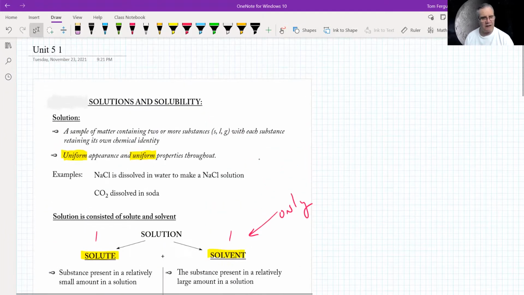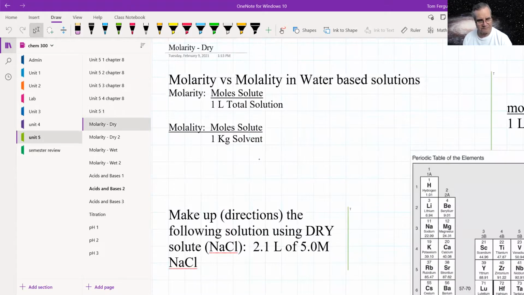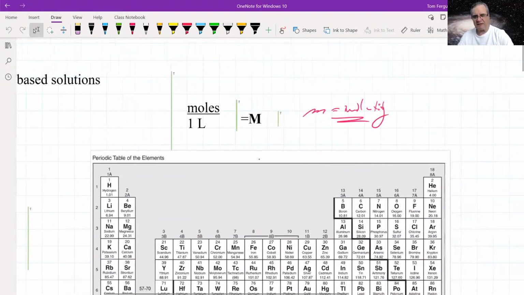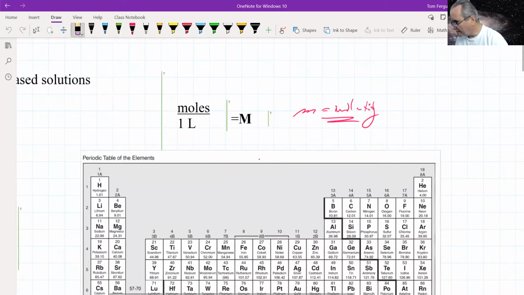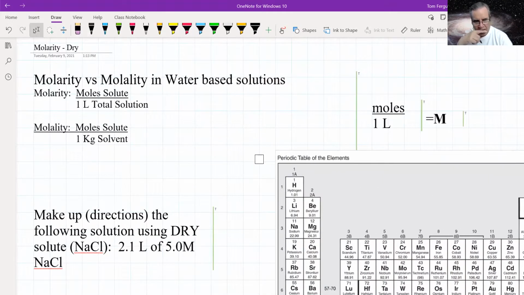Okay, now I want to get into the quantitative aspect of solutions. How strong a solution is basically how many moles of solute you have. The more moles of solute you have, the stronger the solution. And there's two kinds of solution concentrations.